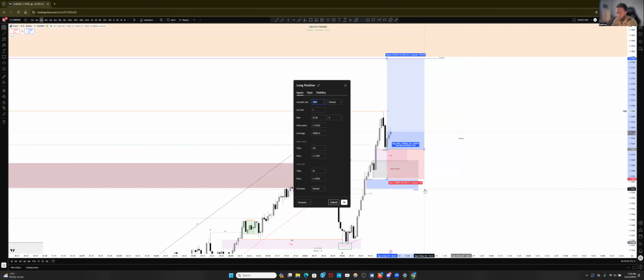So price is probably going to leave from here. Does it seem like it's trying to come back to that zone where that imbalance lies?